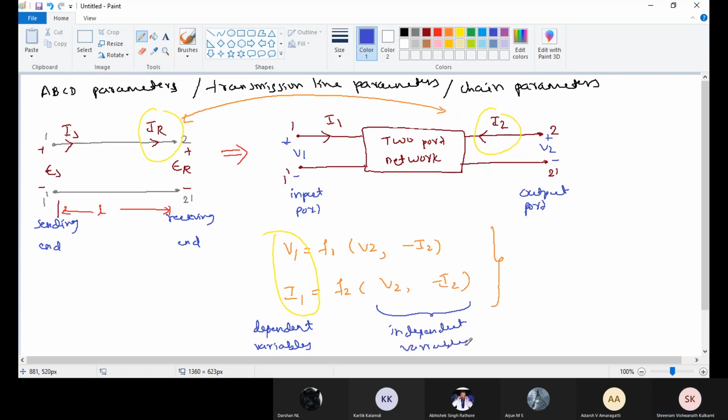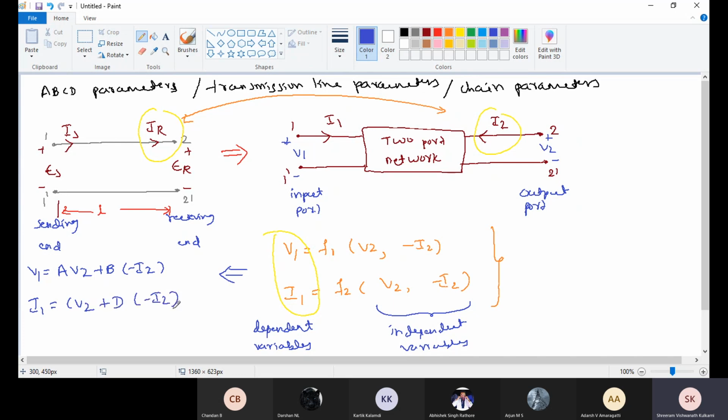Now what I'm going to do, I'm going to express these functions in terms of relations, V1 in terms of V2 I2, and I1 in terms of V2 I2, with ABCD parameters. Simply I'm going to write V1 is equal to A V2 plus B into minus I2. Then coming to I1 equals C V2 plus D into minus I2.